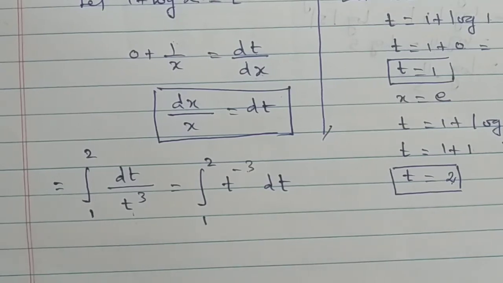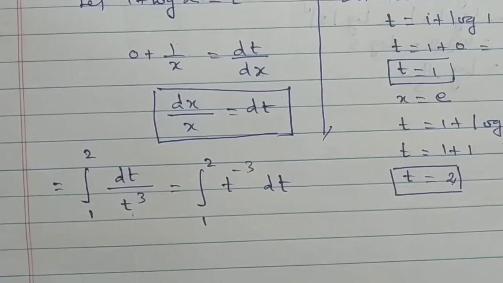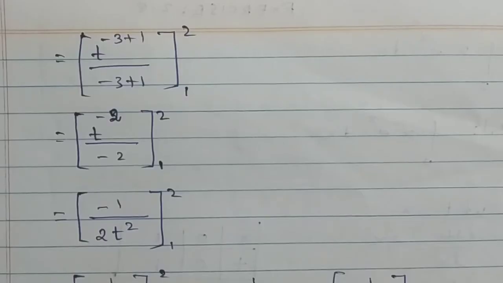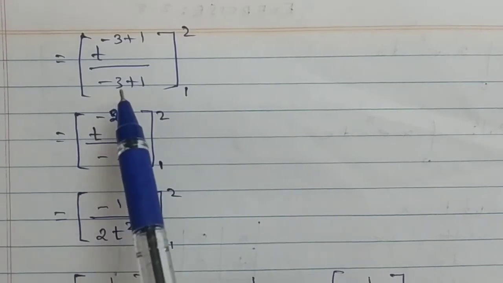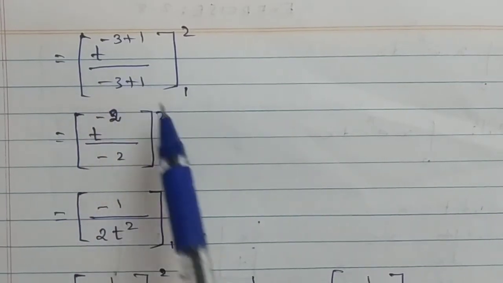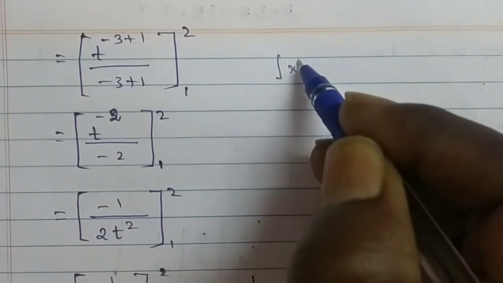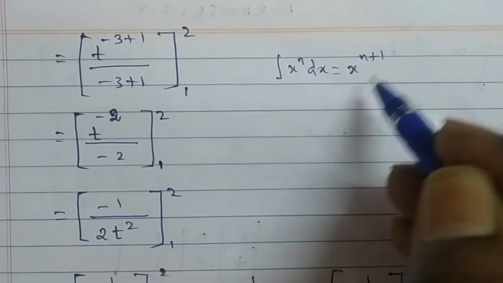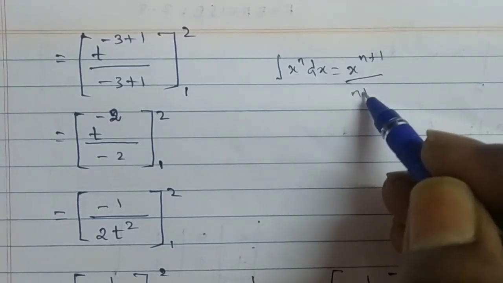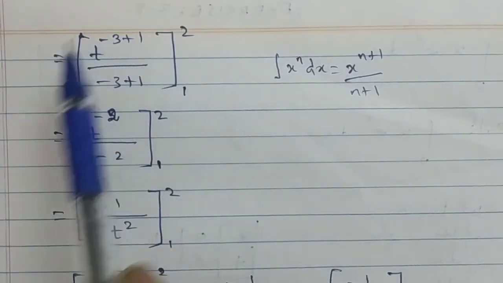Now find out the integral value for t power minus 3. We know the formula: the integral of x to the power n into dx equals x to the power n plus 1 divided by n plus 1. Substitute this value, n here is minus 3.